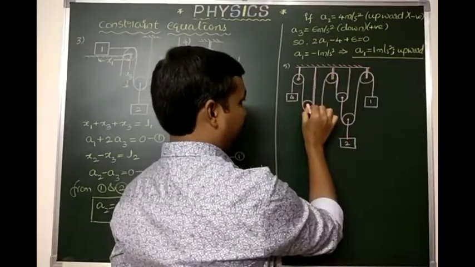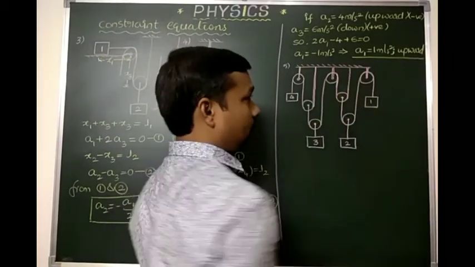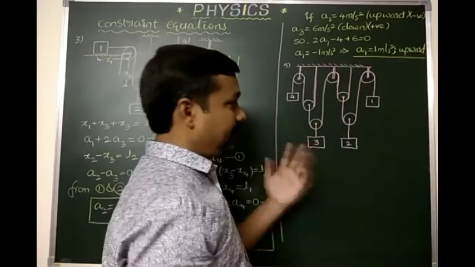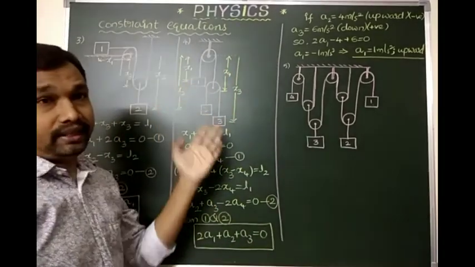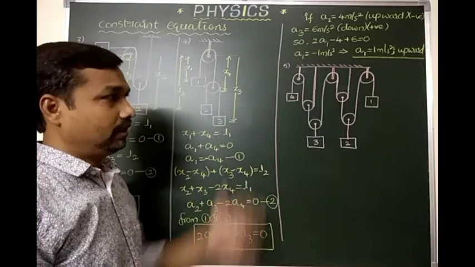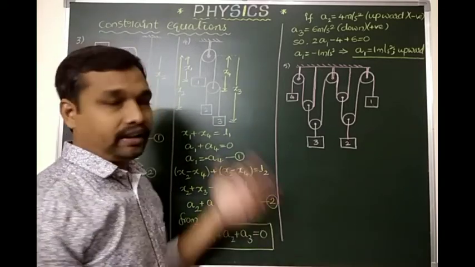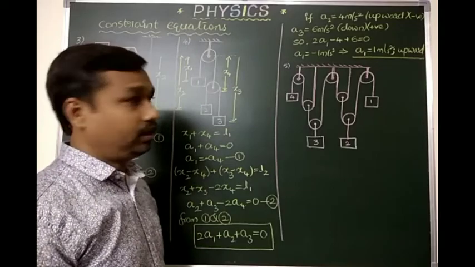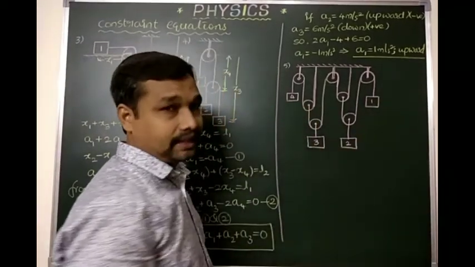Here this is moving, this is moving, this is also moving. If we take the length equations, it gives you a lengthy process. For the easiest way, I already gave a second method to find the relation between blocks with the acceleration terms.